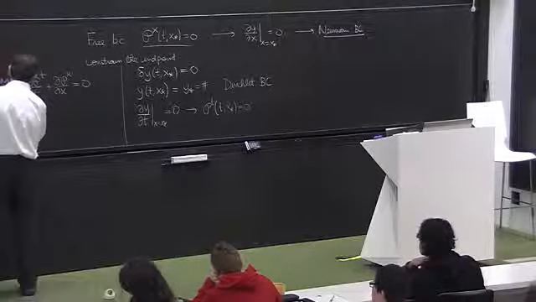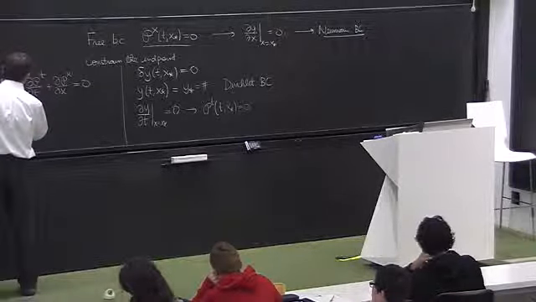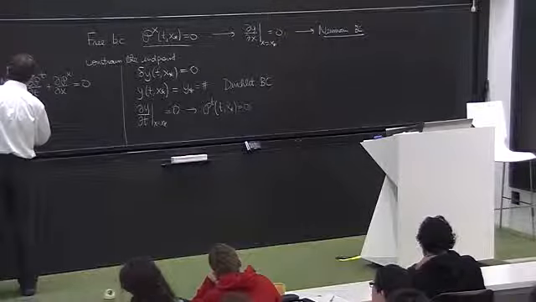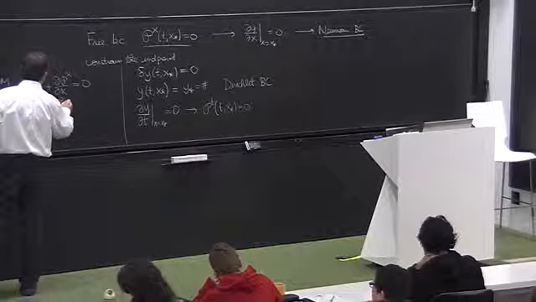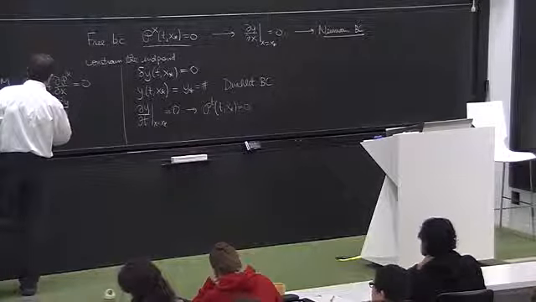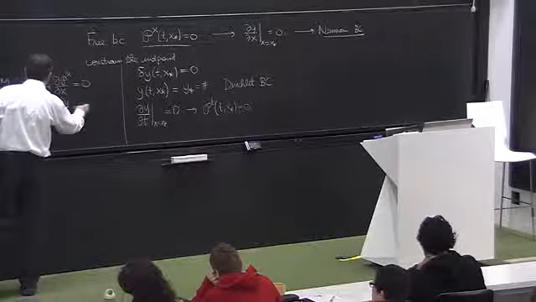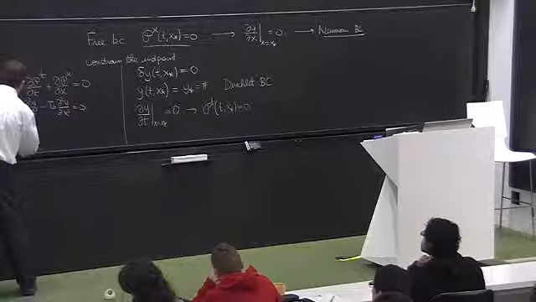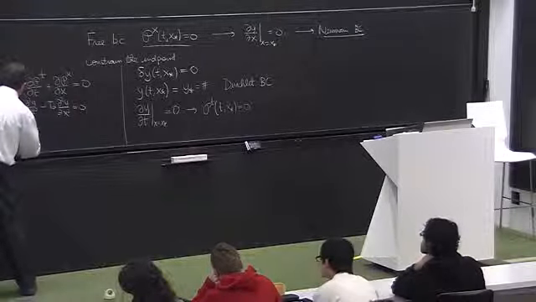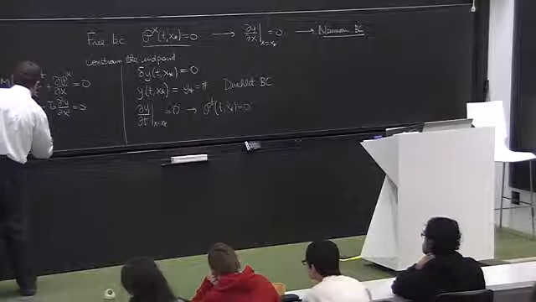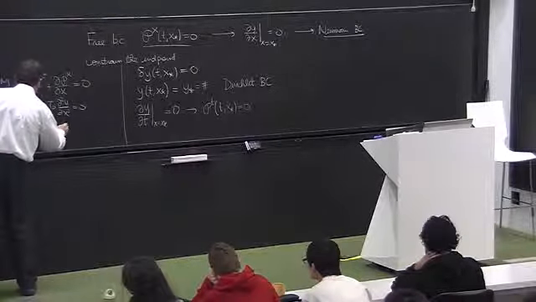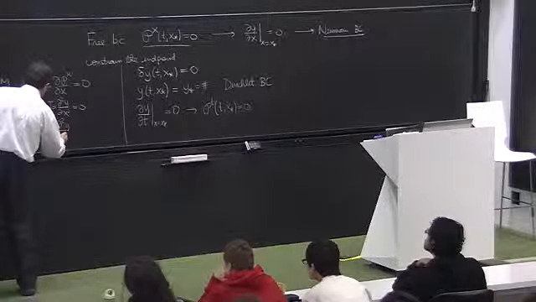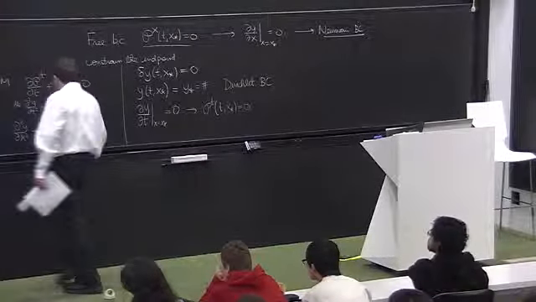So here you get mu0 d²y/dt² minus T0 d²y/dx². And that's d²y/dx² minus mu0 over T0... d²y/dt² equals 0.